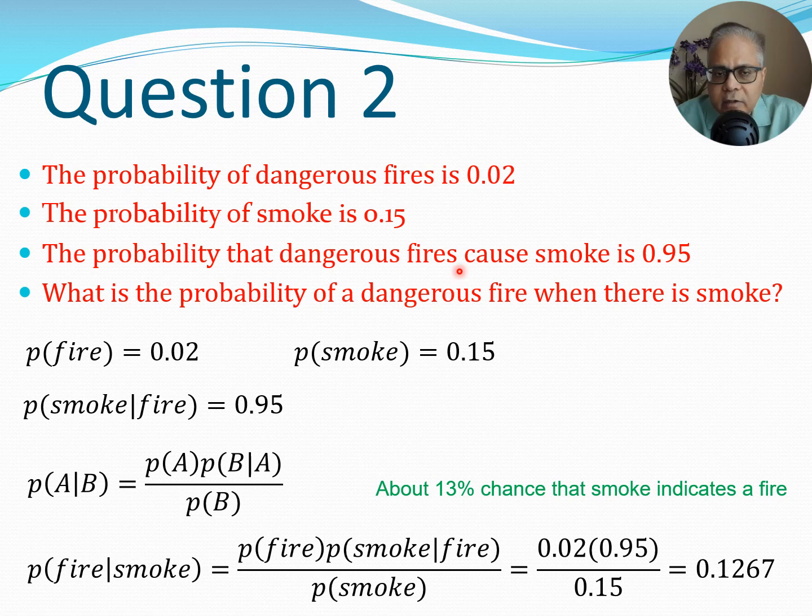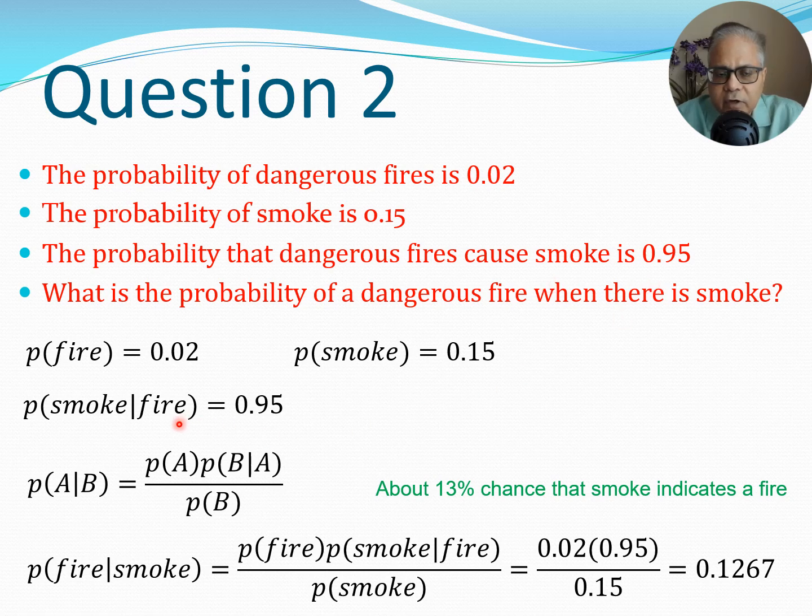Now let us look at the probabilities which have been given in this problem. We see that P(fire) is 0.02. This is the probability of the fire. P(smoke) is 0.15. That is the probability of smoke. These are given in the first two statements of the problem. Now let us also look at the third statement, which is that the probability of dangerous fires causing smoke is 0.95.